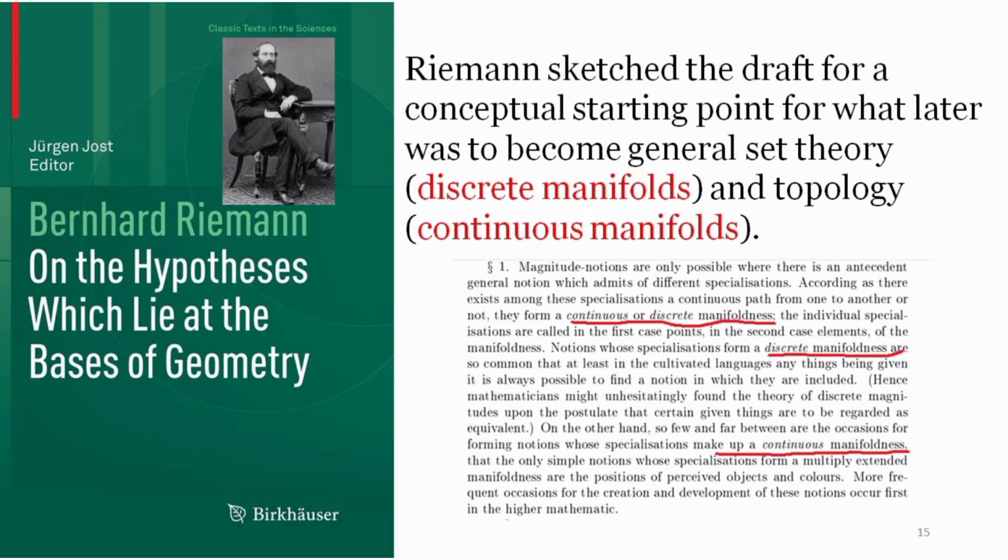From the extensional point of view, such a concept would form a manifold, and the individual modes of determination were to be considered, as Riemann explicitly stated, as the elements or the points of the manifold with either discrete or continuous transition from one point to another. Just note that right at the bottom, I have underlined this continuous or discrete manifoldness. So this is what was Riemann.